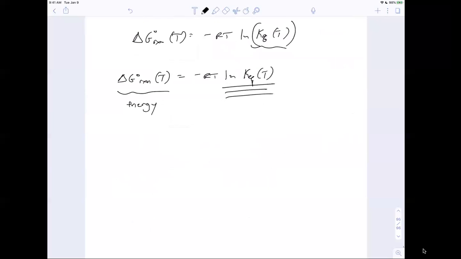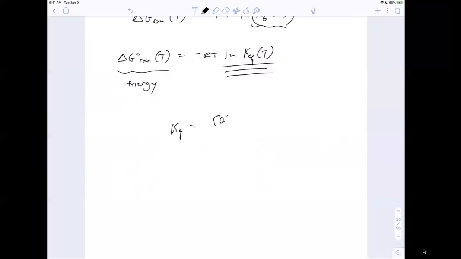I know some of you are thinking, well, when we had some reactions, you'd get K equilibrium as something like A times B over C, right? Do you remember those kinds of equilibrium constants? Some of you might. Ostensibly, this seems to have dimensions, doesn't it?